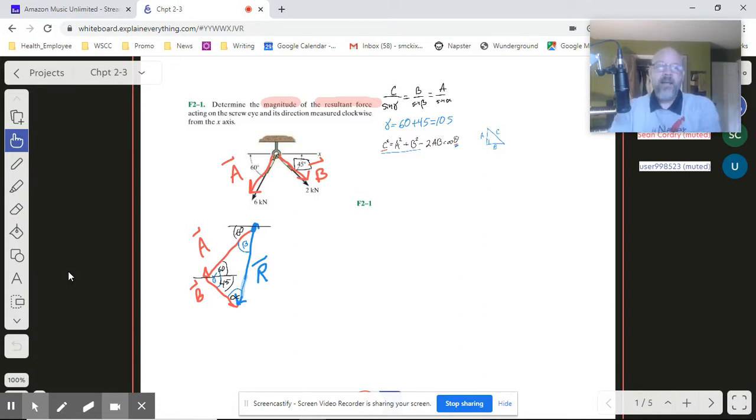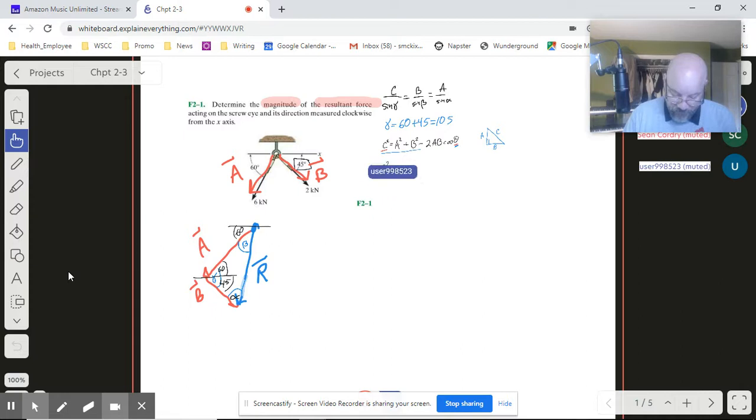Now, in Calc 3, when you get to something called dot products, you'll figure out a way to prove the law of cosines, and it's pretty cool. I think you'll like that when you get to it. Now, in our context, what are we dealing with?